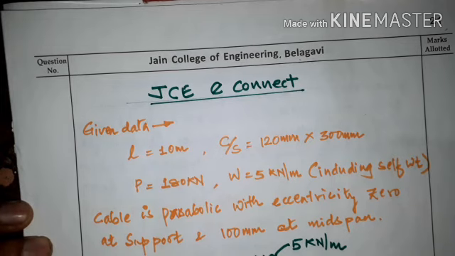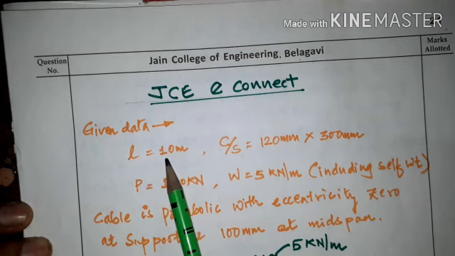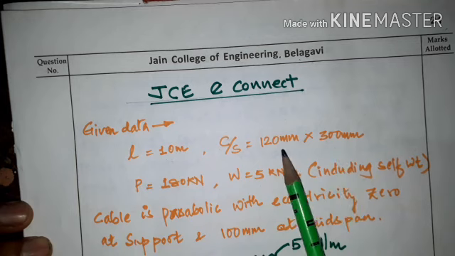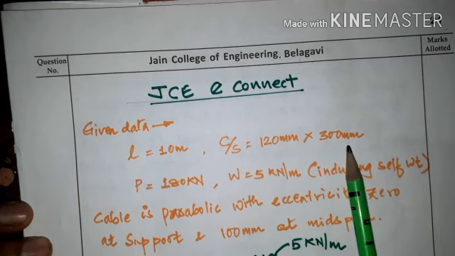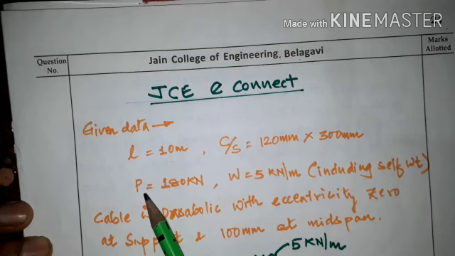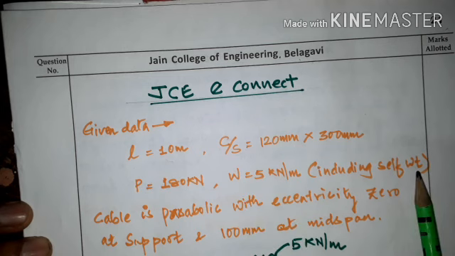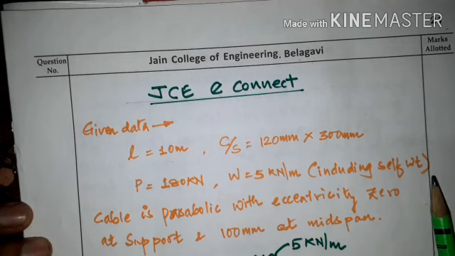It is given that the span of the beam is 10 meter and the cross section of the beam is 120 mm by 300 mm, 120 mm width and 300 mm deep. The pre-stressing force in the cable is 180 kN and the load over the beam is 5 kN per meter, which includes its self-weight also. So we don't have to calculate self-weight and add it.